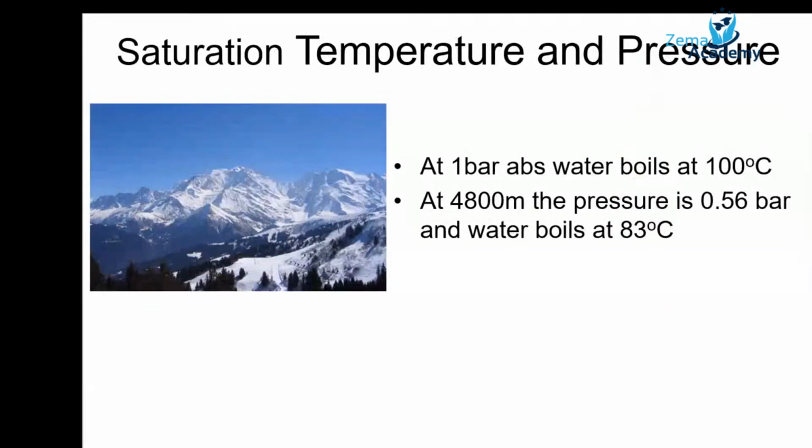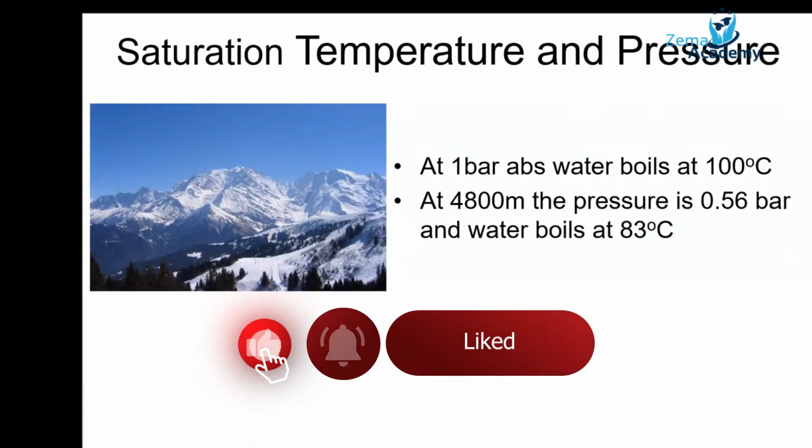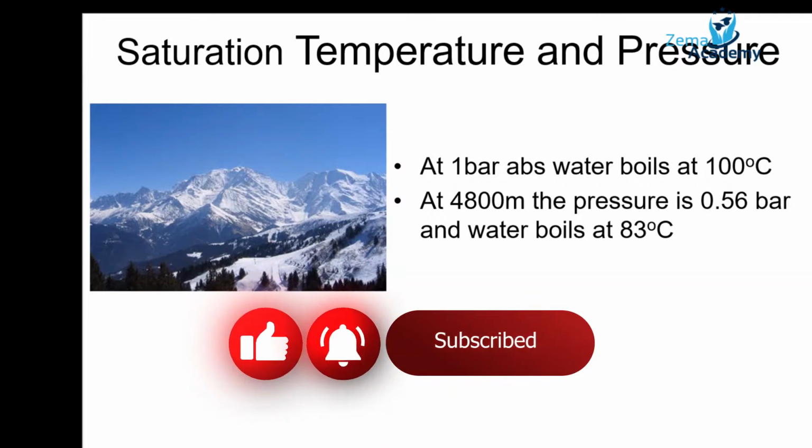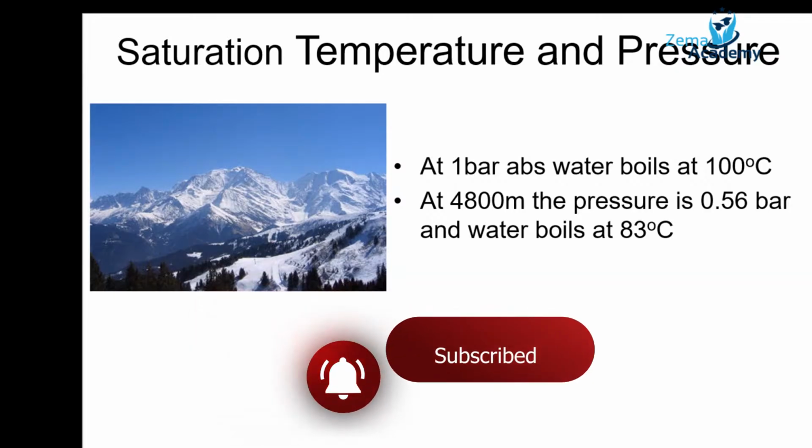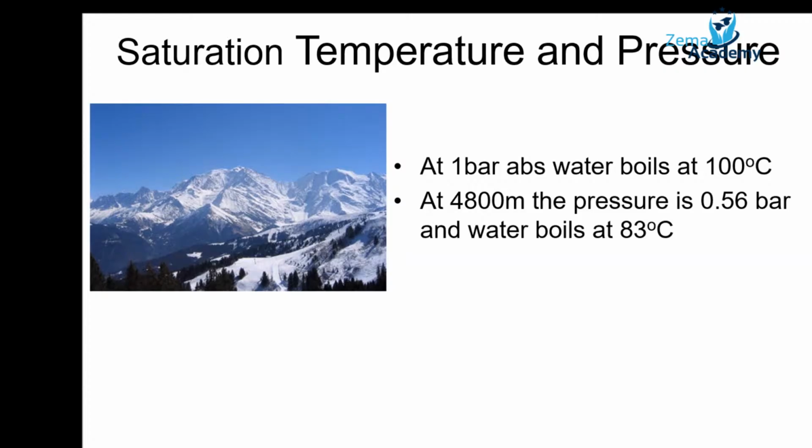For instance, if you take water and try to boil it at, let's say, 4,800 meters, at a pressure of 0.56 bar, the water boils at 83 degrees C. So as you can see, not 100, the one that we always say, depending on the pressure, water can also boil at 83 degrees C. So what I wanted to highlight here is the relationship between pressure and temperature, and that is critical in any refrigeration system that we will look at.